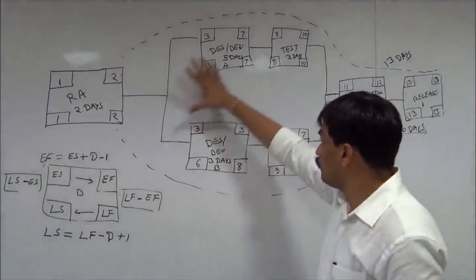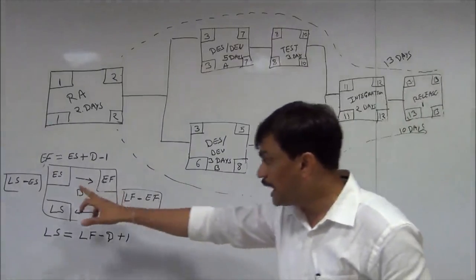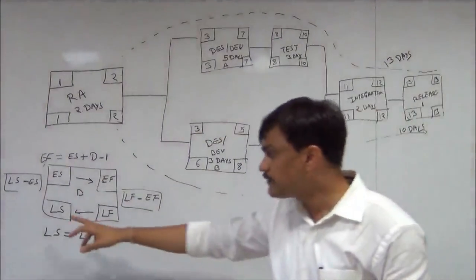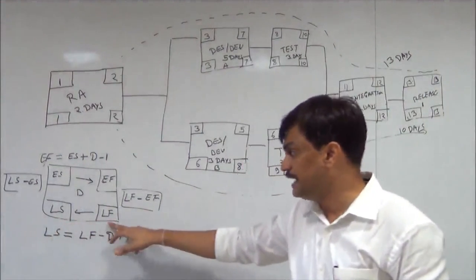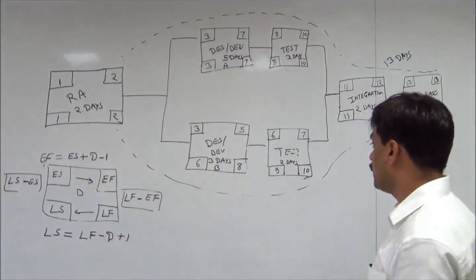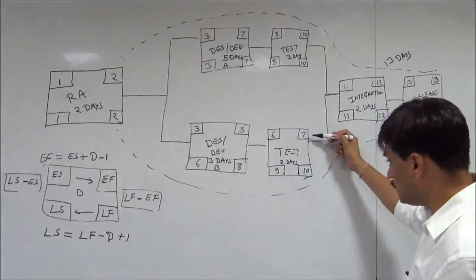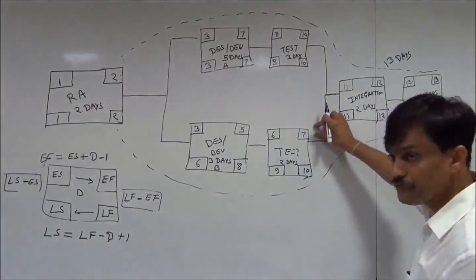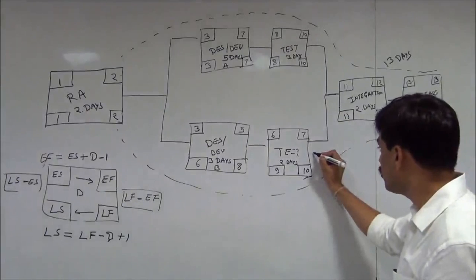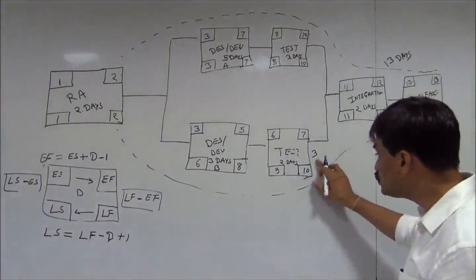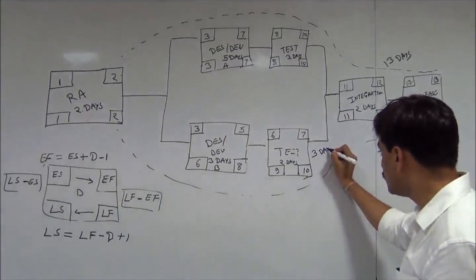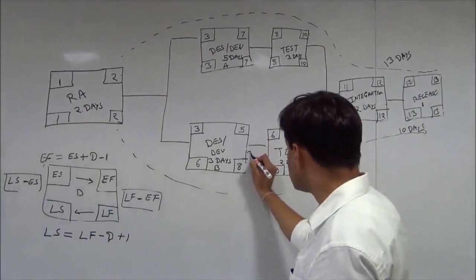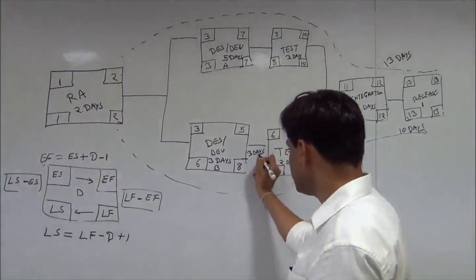Now we have calculated early start and early finish of the complete network diagram, and we have calculated late start and late finish of the complete network diagram. The difference between the late finish and early finish represents the float. So we have 3 days of float for this activity, and we also have 3 days of float for this activity.